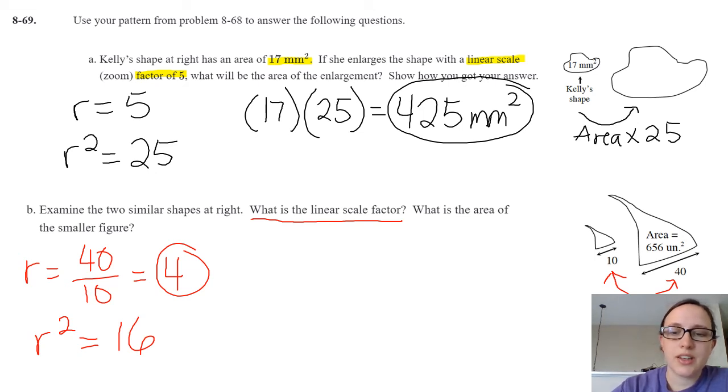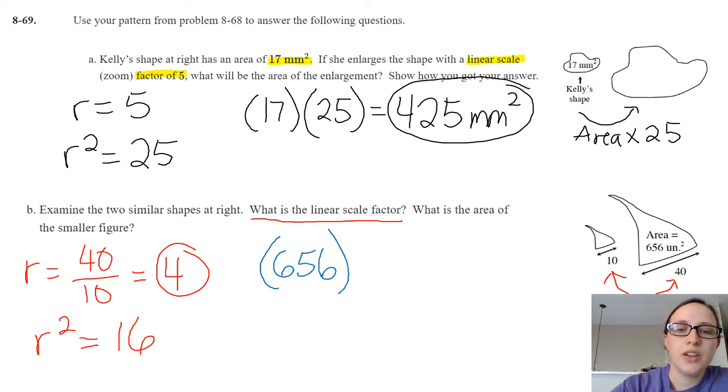So we're going to take the area of the big shape, which is 656. We're going backwards, so we're dividing that by 16 to get a smaller area. If we multiplied, we get a bigger area. All right, so 656 divided by 16, I get 41 units squared for that smaller shape.